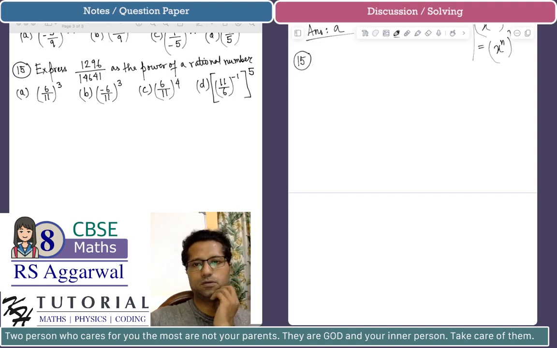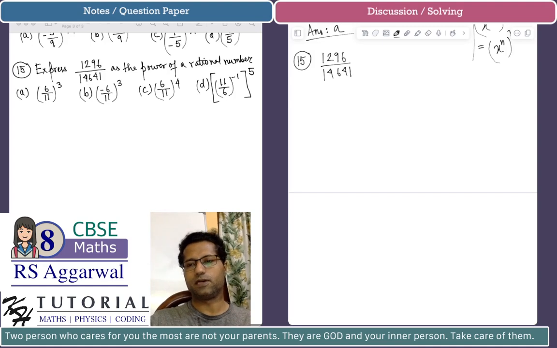This is also a typical kind of problem where you will be given a rational number in the form p by q, where p and q will be very large numbers, and you should be able to express it as a power of some integers. In this case, the numerator is 1296 and the denominator is 14641.